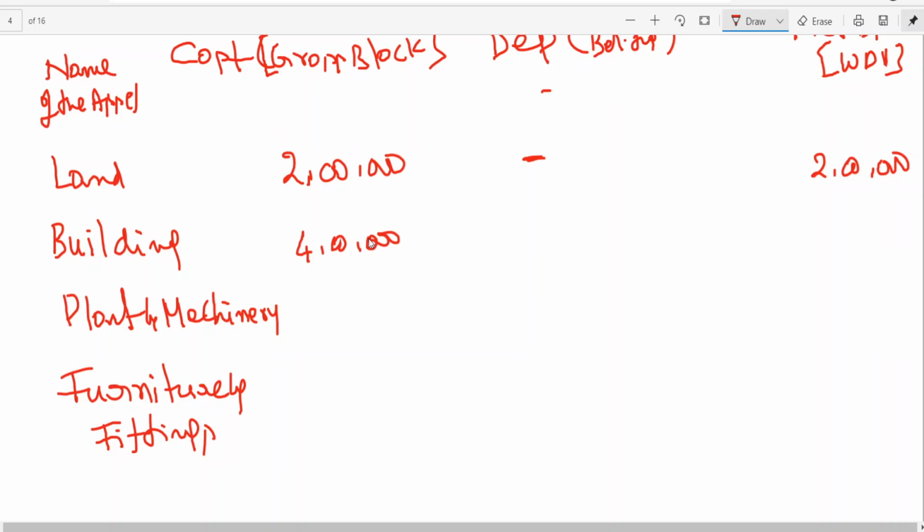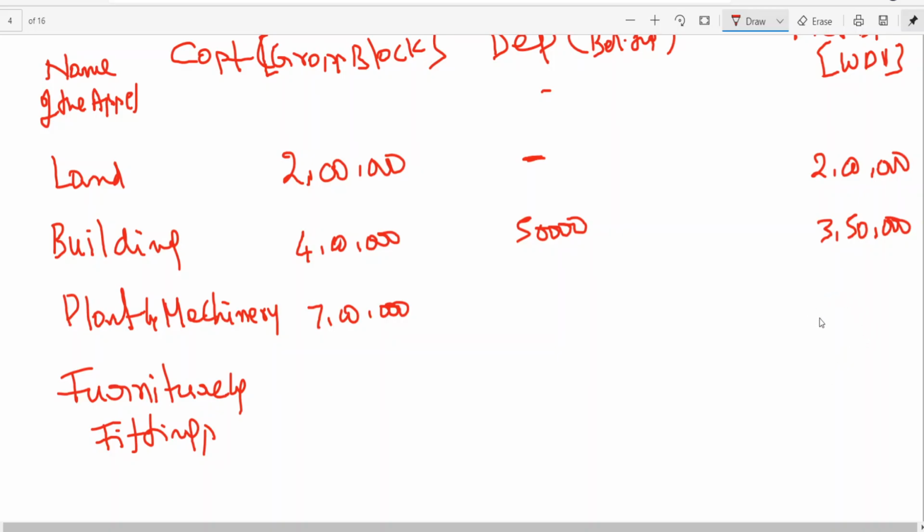And what is written down value given? 3 lakh 50,000 in the problem. So depreciation is how much? 50,000. Next, plant and machinery, 7 lakhs.